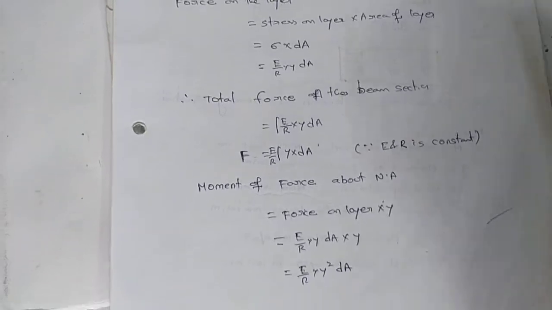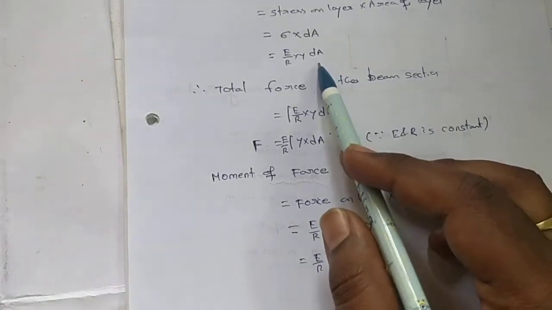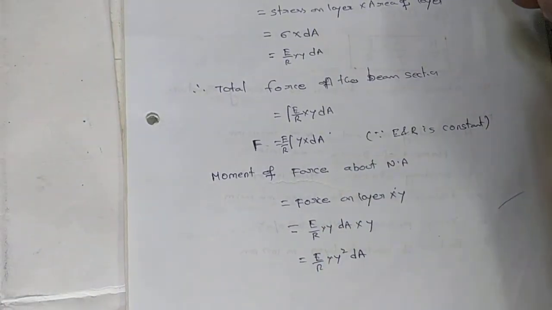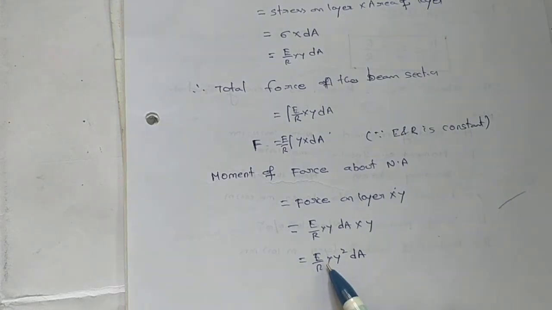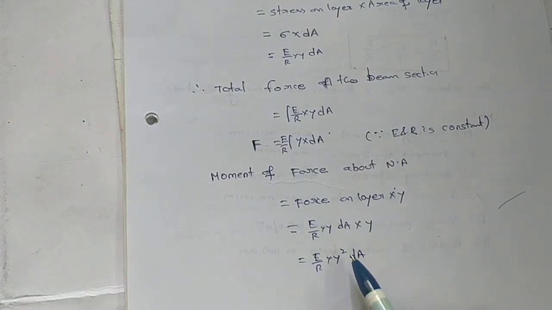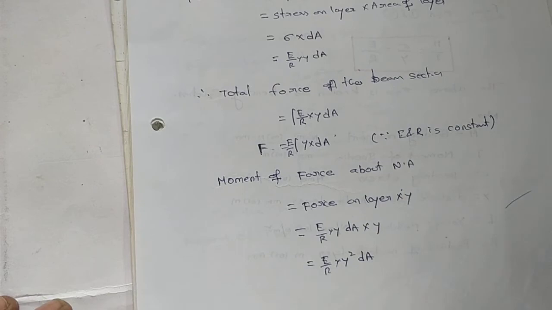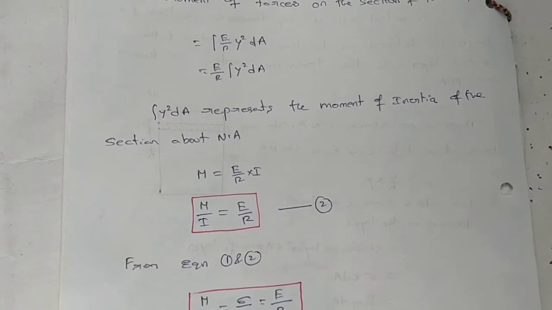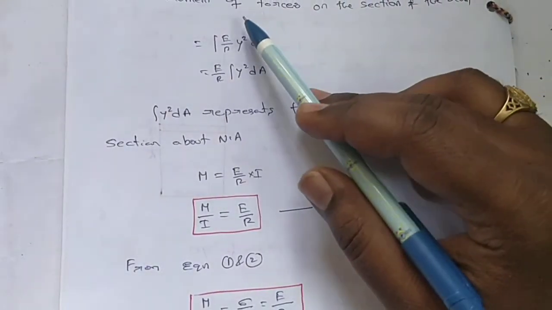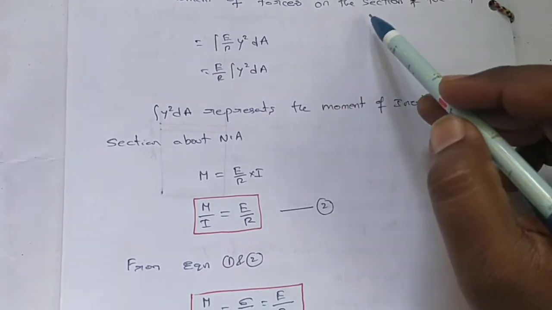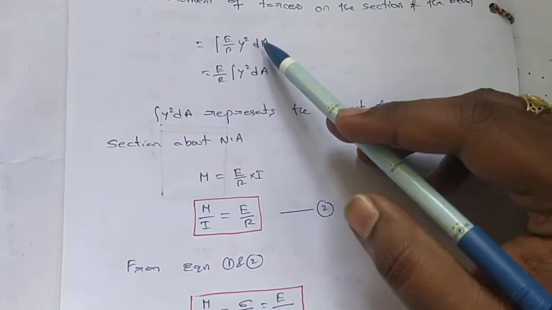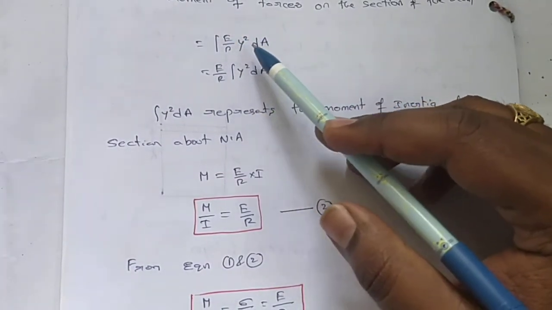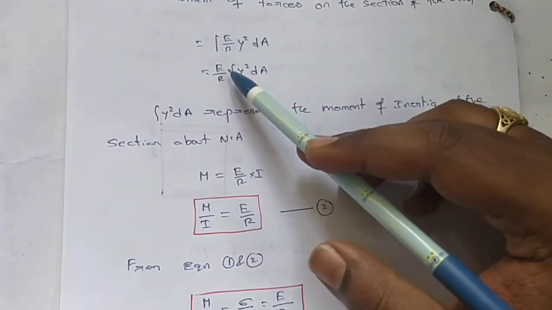The force on the element is E by R into Y dA, and the distance from this point to this point is Y. So it is E by R into Y square dA. It is the moment of force acting on the element. Now we need to calculate the total moment of force on this section of the beam, that is the integral of E by R into Y square dA.